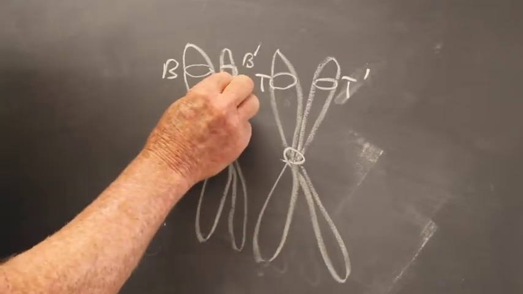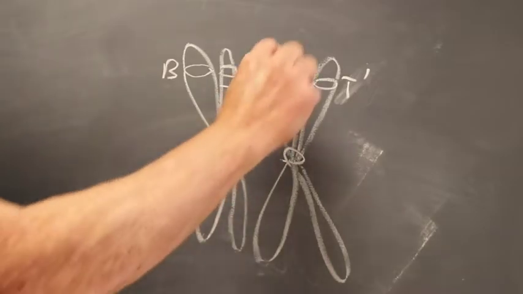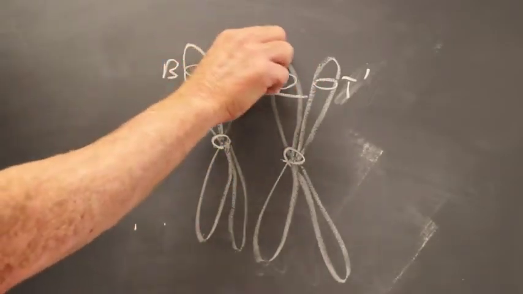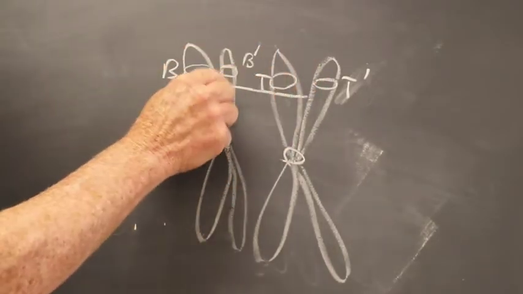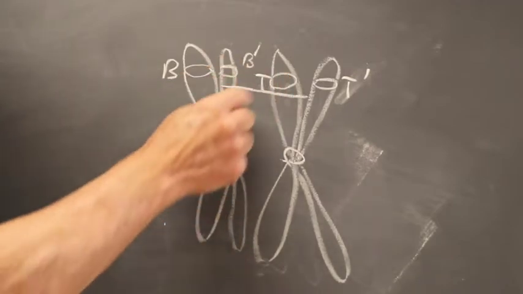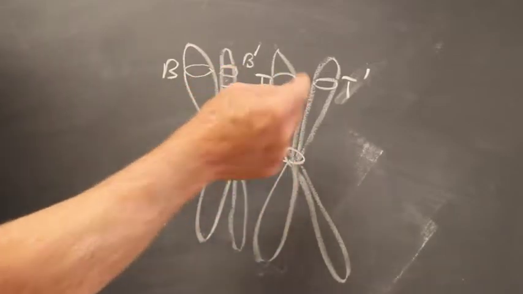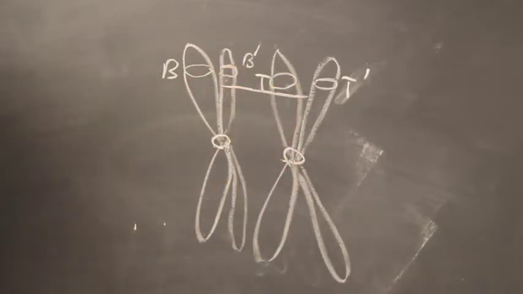So let's say that crossing over occurs right there. If crossing over occurred right there, then this little segment would switch with that segment. This T would now be over here and this B would be over there, and with all of these genes we would have tan spores associated with that. With all of these genes we would have black spores associated with that.